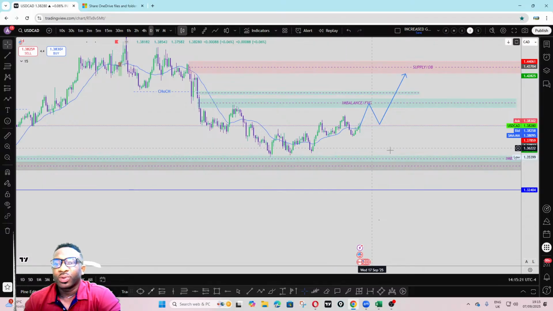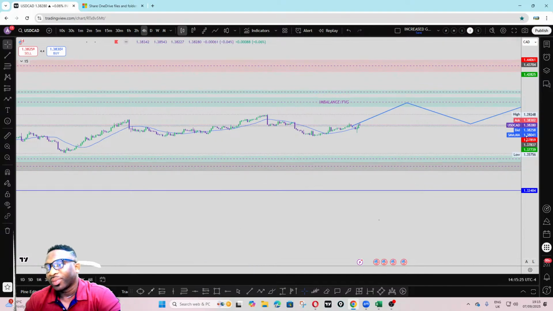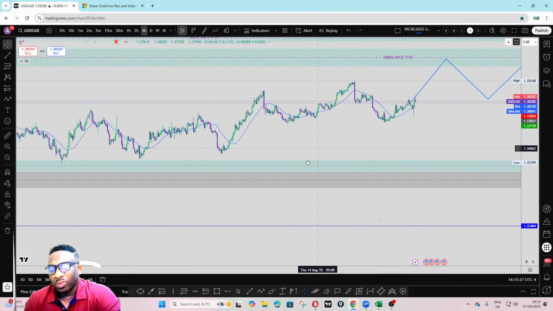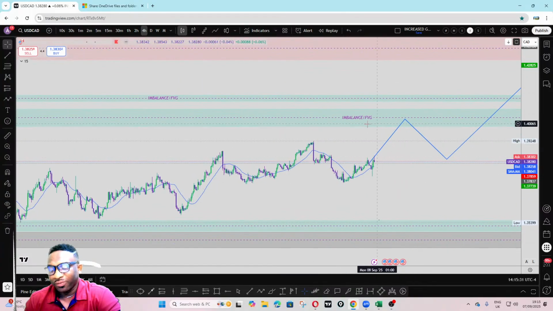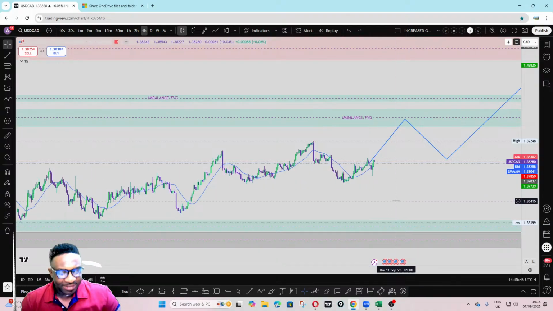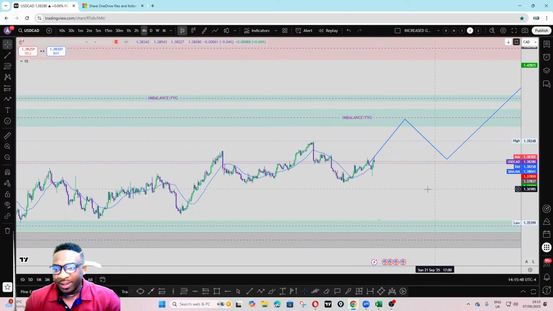So as we go further down to the 4-hour time frame, that is what we could be looking out for, because we've created this higher time frame narrative of a possible uptrend. So as we have price making its way up, we'll be looking out for buys, opportunities to buy in this particular pair.